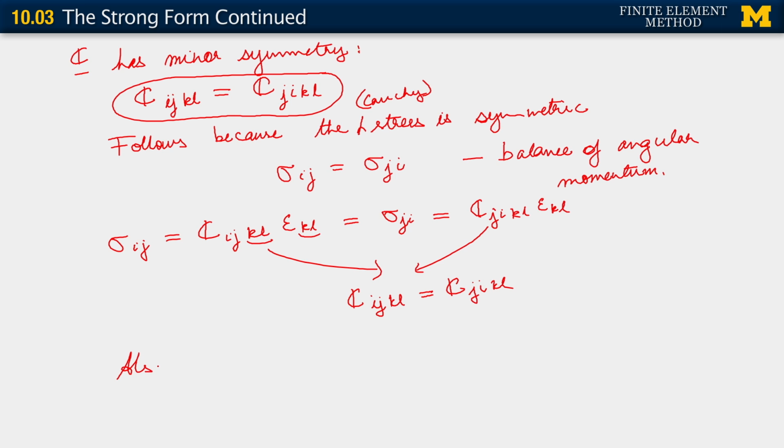The other kind of minor symmetry is that C_ijkl equals C_ijlk. And why does this come about?